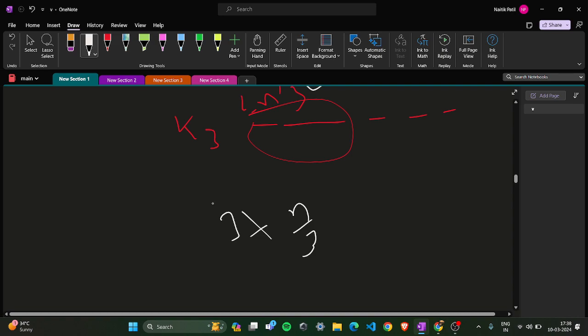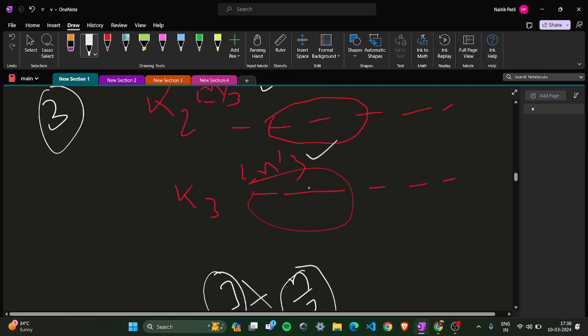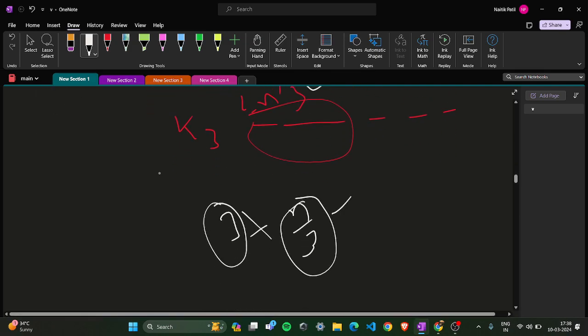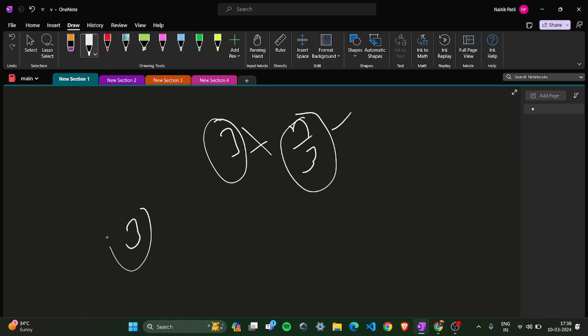This 3 is the total number of cyclic shifts, and for each cyclic shift the best case is when we have at least n by 3 elements at their desired position. So yes, the total number of distinct cyclic shifts will be at most 3 only.